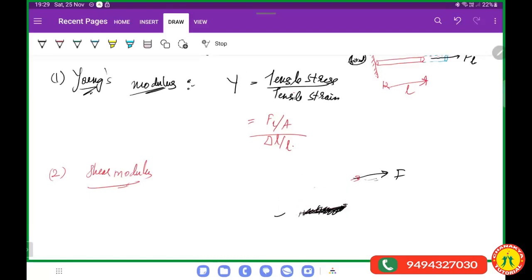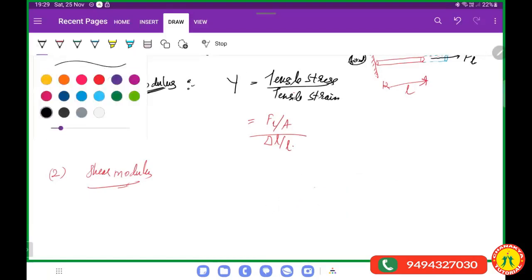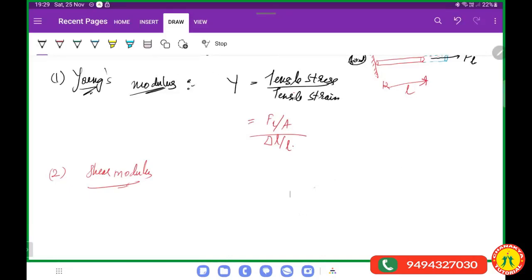You can draw it well. My drawing is not good. I want to make it small.